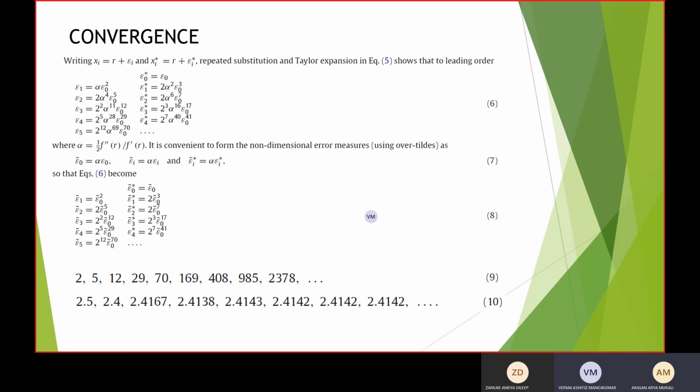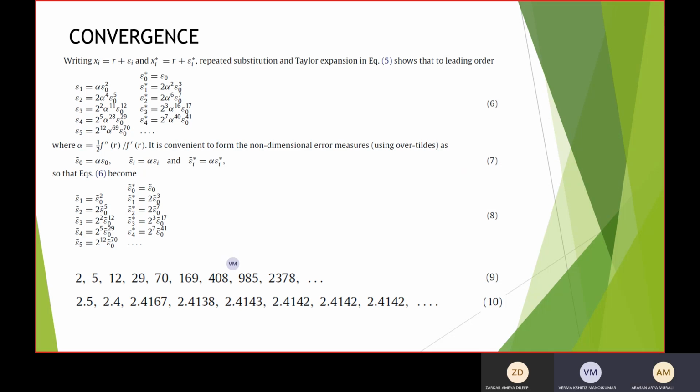It is convenient to form non-dimensional error measures using a tilde: epsilon 0 tilde equal to alpha epsilon 0, epsilon i tilde equal to alpha epsilon i, and epsilon i star tilde equal to alpha epsilon i star, so that equation 6 becomes these equations. Now, when we examine the sequence of powers for successive steps, we see that the approximation converges faster than quadratic.